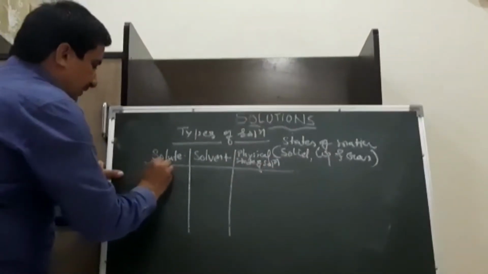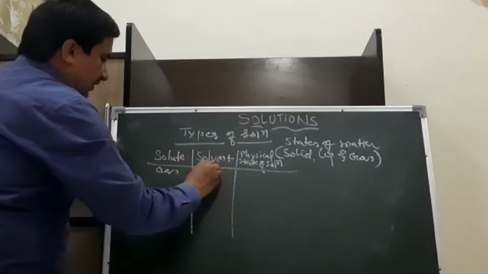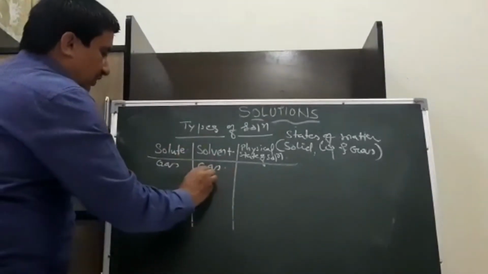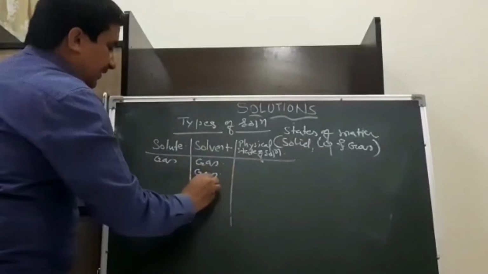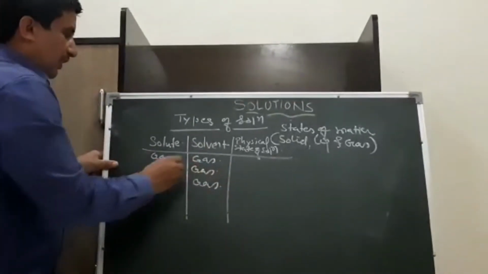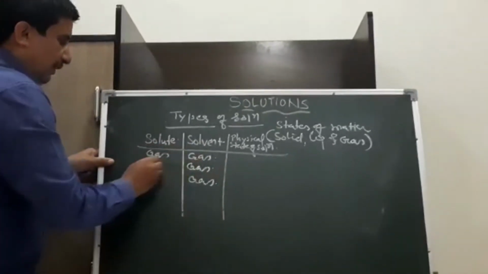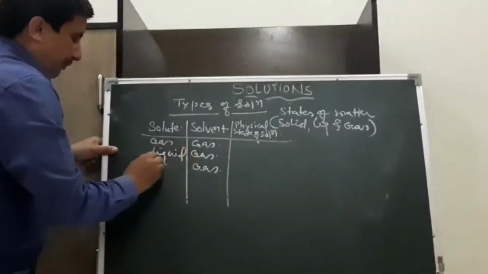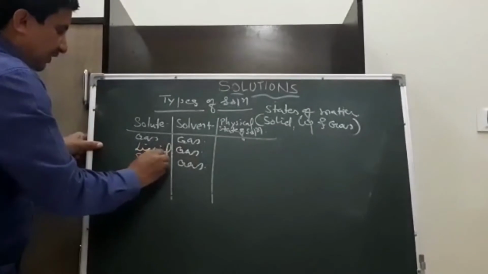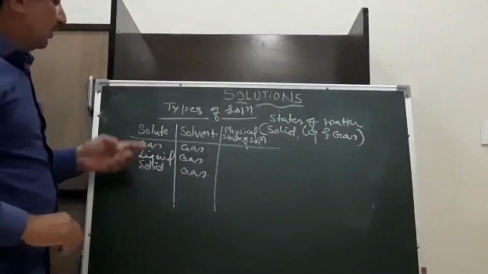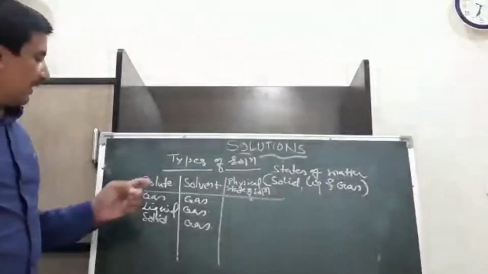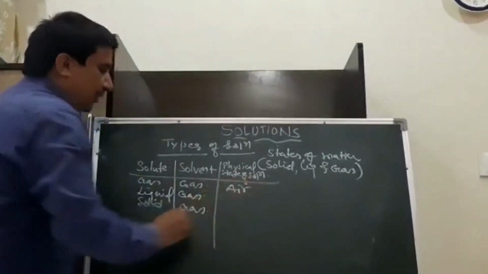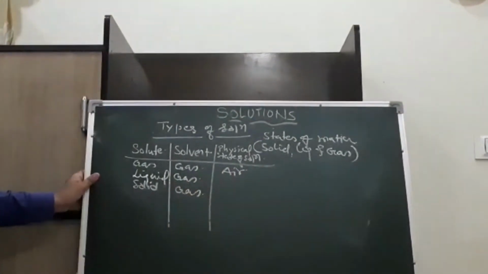Suppose I am making solutions in which gas is the solvent in all the cases. One solute may be gas, another liquid, and one more solid. So these are three types of solution. For gas in gas, the example is air, a mixture of O2 and N2.